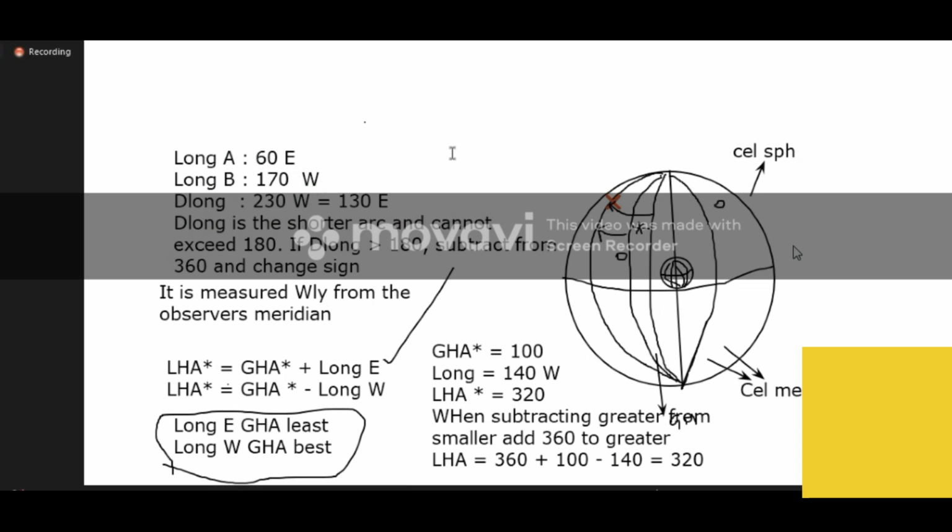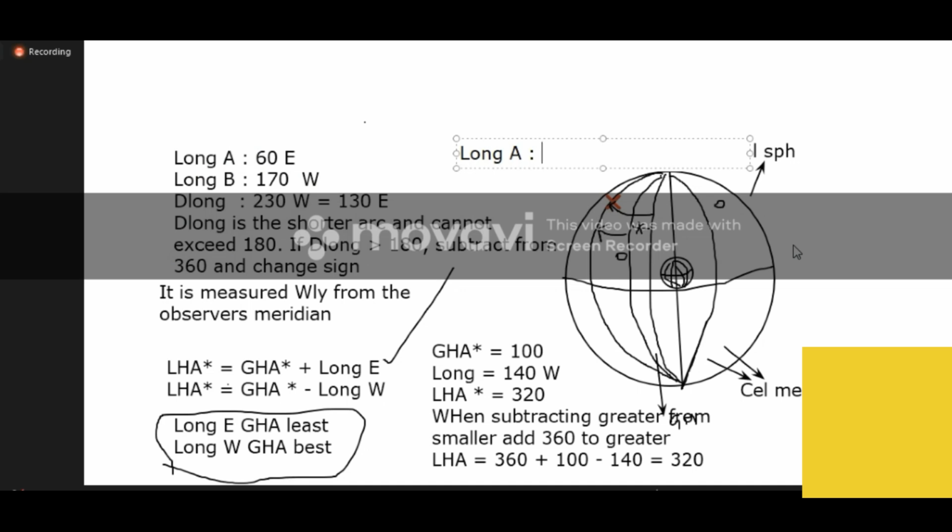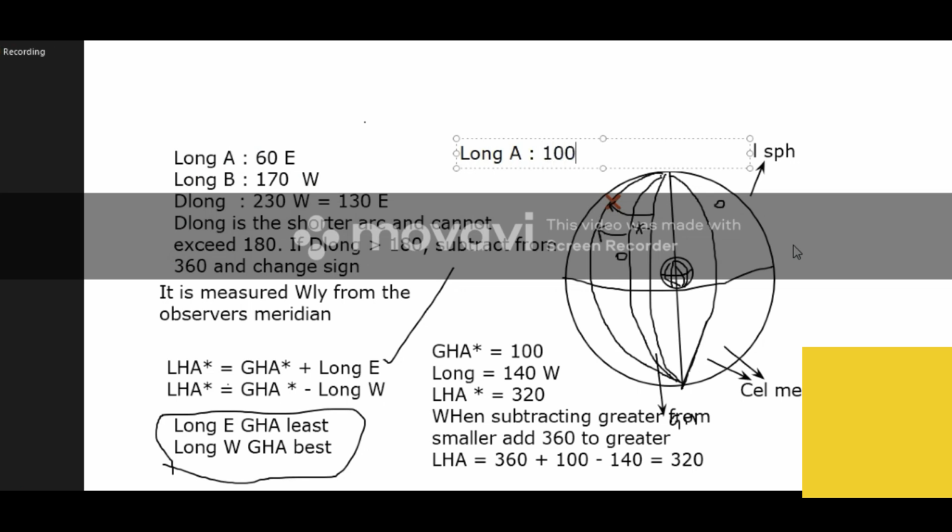Correct. So if I say, suppose longitude A was, say, 100 east, and longitude B was 100 west, then D long becomes 200 east.